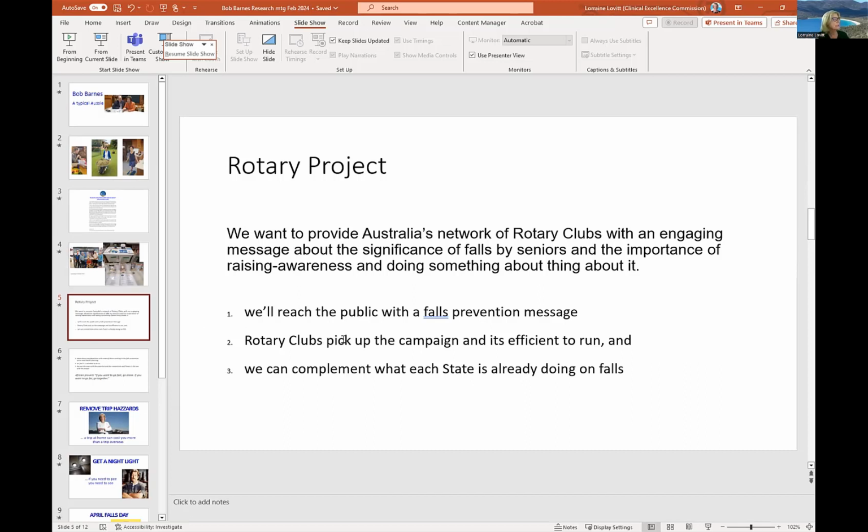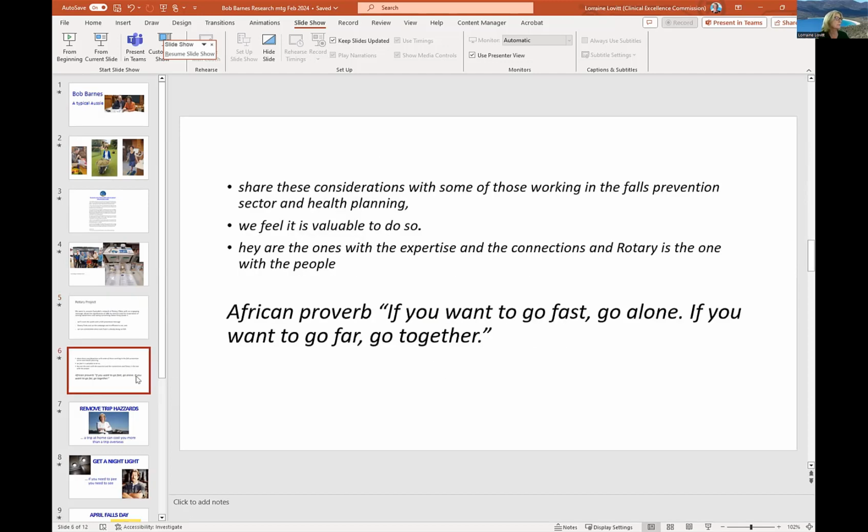So the work that he did in Lismore, he worked with the local health promotion team and had active members there, and he had a lot of the resources that we've developed both through the network and through the CEC as well in regards to falls.